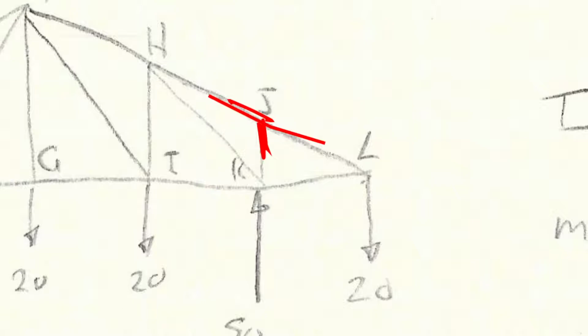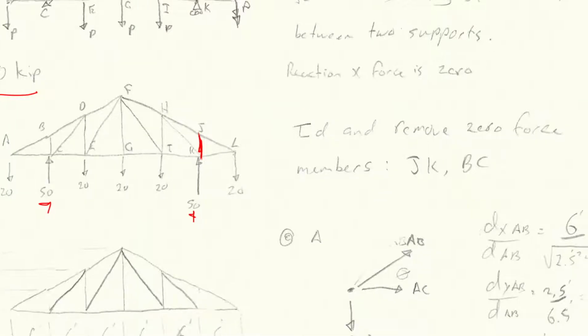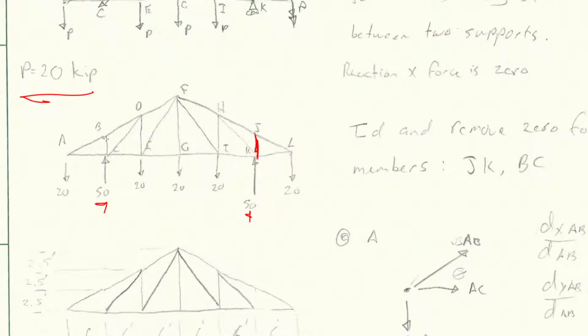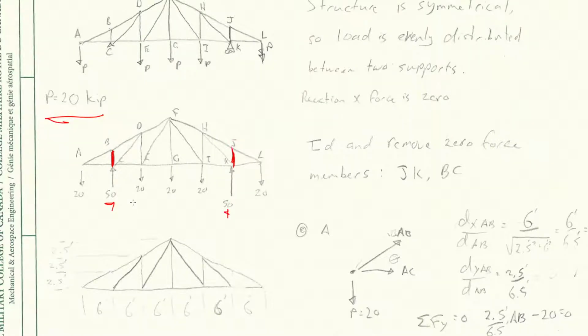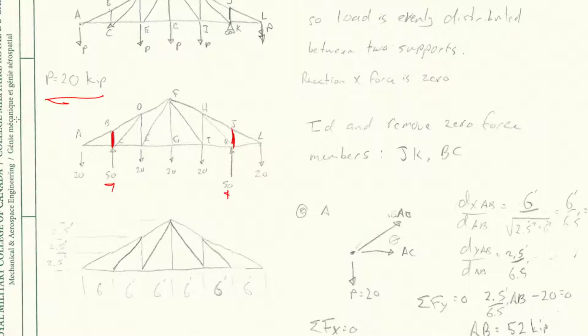Based upon that, we know that JK is a zero force member, so we can just go ahead and eliminate that. And same idea here on this end at BC. We can eliminate that one because it is also a zero force member for the exact same reason.